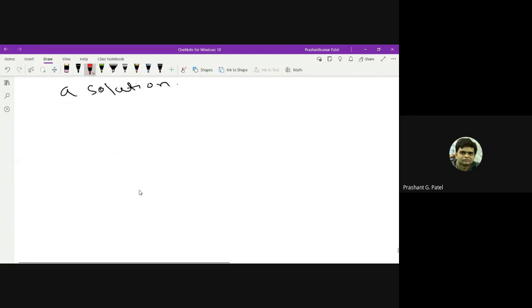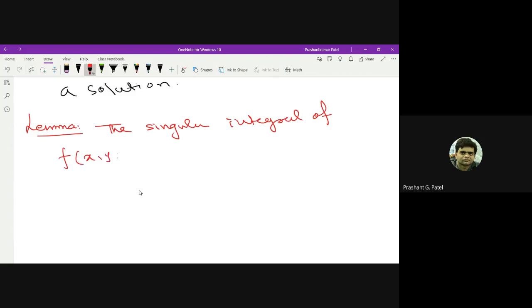Now another lemma is there, which talks about eliminating arbitrary constants from this. That lemma says that the singular integral of f of x, y, z, p, q equal to 0 satisfies the following equations.